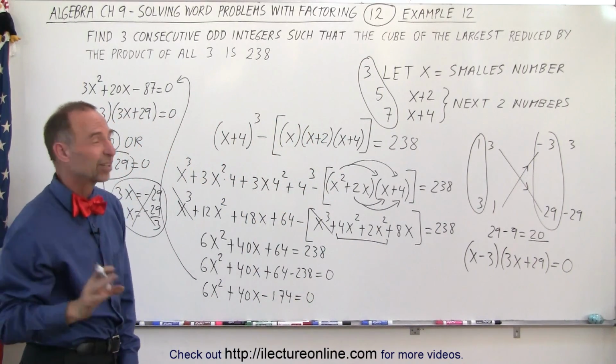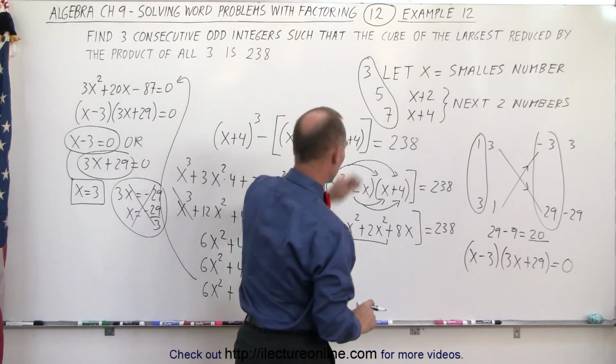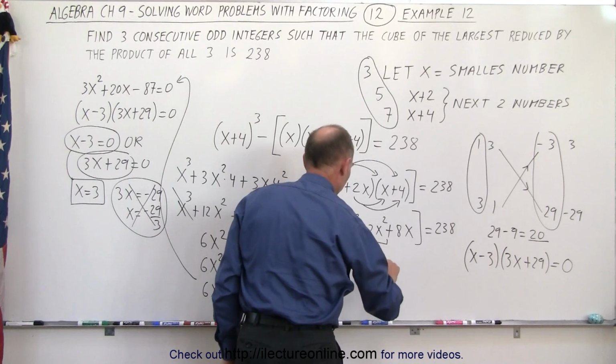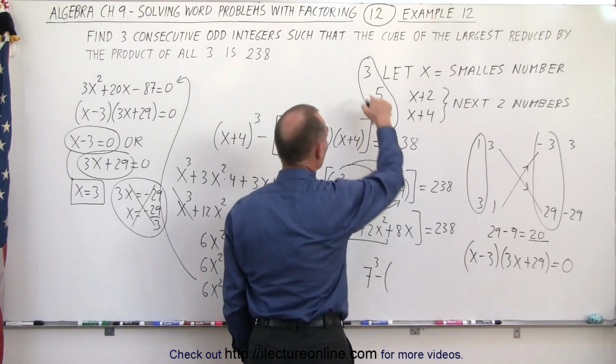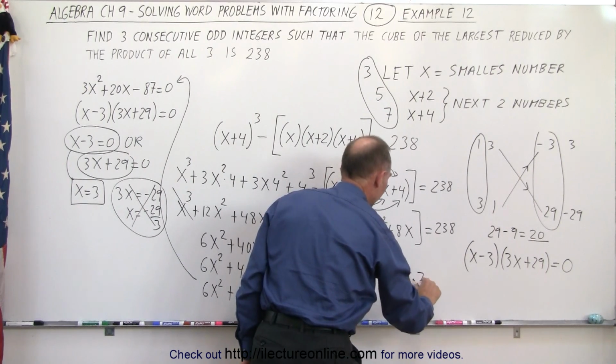Now let's do a quick check to see if it's correct. So let's take the largest one and cube it, and subtract from that the product of all three, so 3 times 5 times 7.